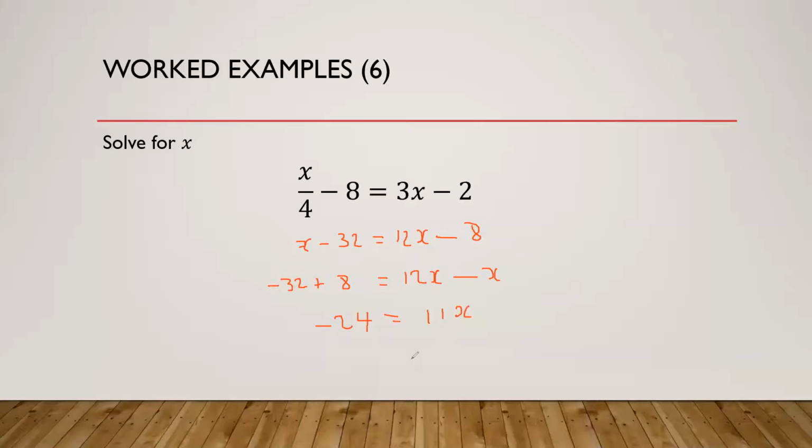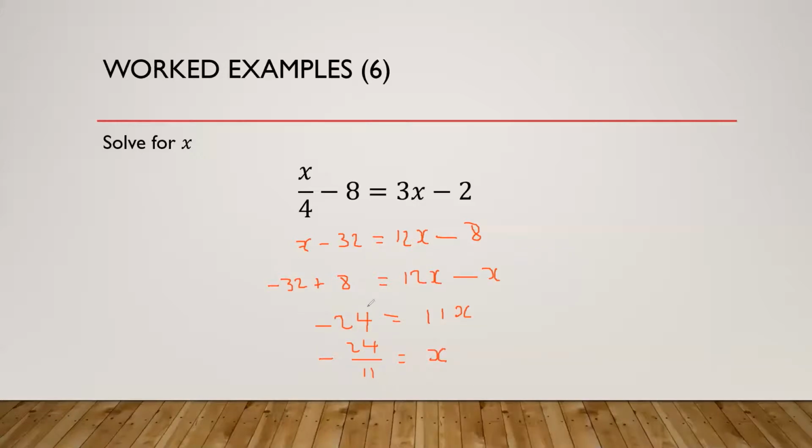Now to get x, I'll just divide both sides by 11. If I divide minus 24 by 11, I get minus 24 over 11, and 11x divided by 11 is just x.